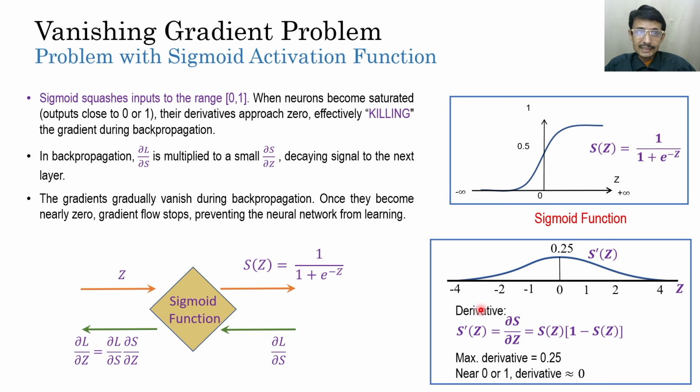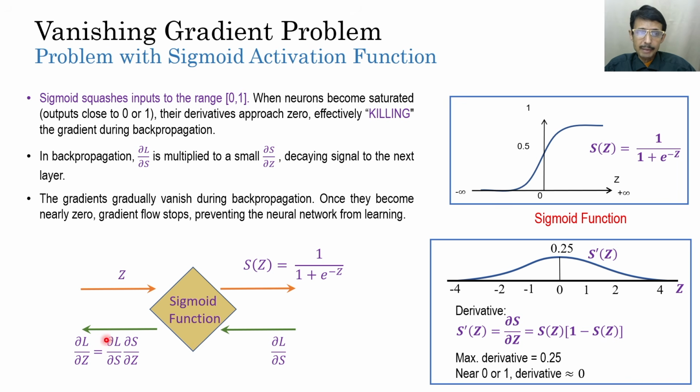Now, dL/dS is multiplied by dS/dZ. In backpropagation, dL/dS is multiplied with a small dS/dZ, decaying the signal to the next layer.